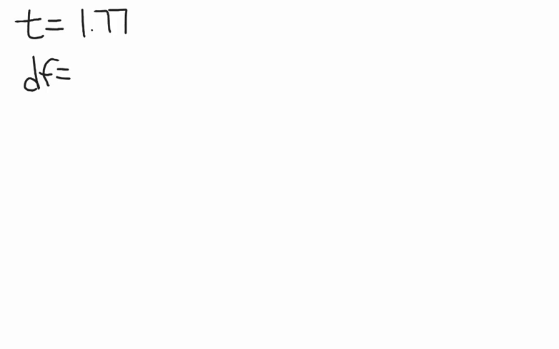The formula for calculating the degrees of freedom for a paired samples t-test is the number of pairs minus 1. In this case, we have 10 pairs of scores. We'll subtract 1 because we used one piece of information, so we'll have 9 degrees of freedom.